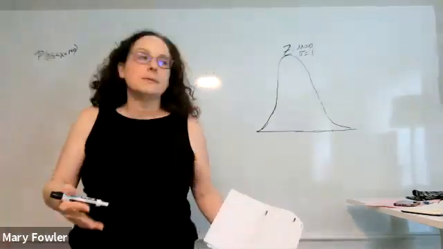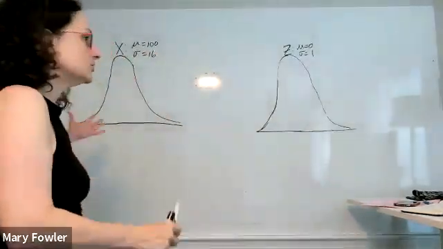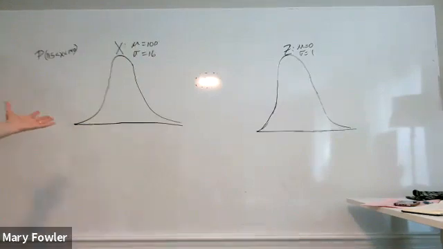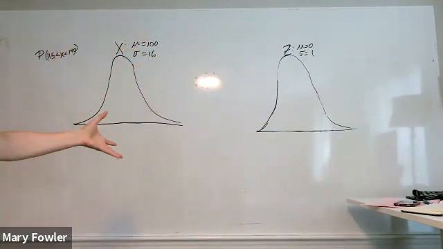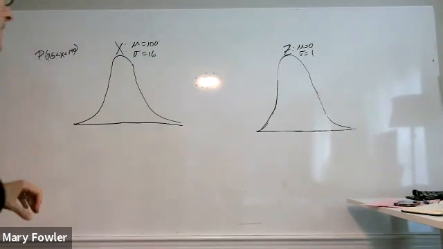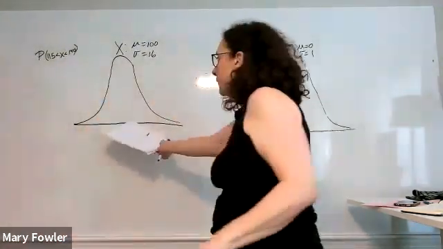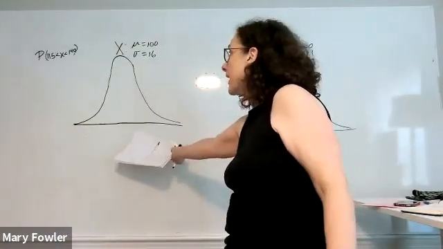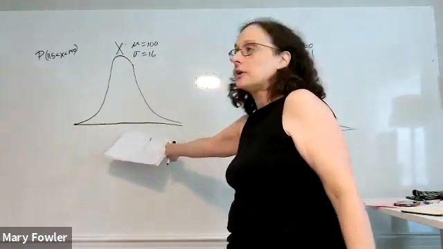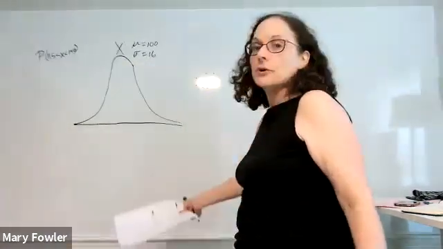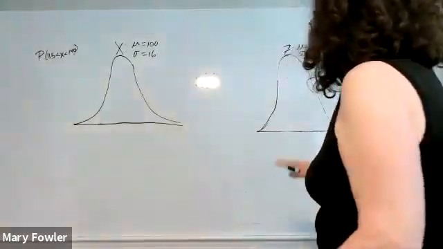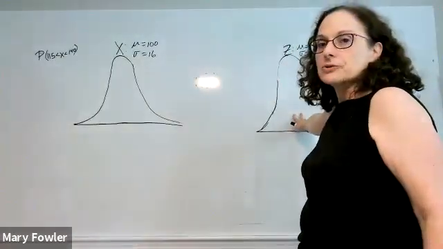I have laid out here on the board a general structure for how we do these problems for section 6.3, general normal random variables. The curve on the left has the specific parameters for the variable of interest, and the curve on the right is always the standard normal.